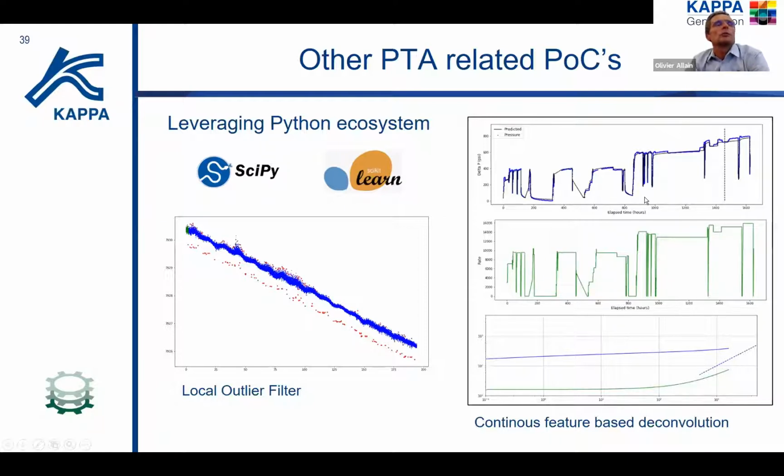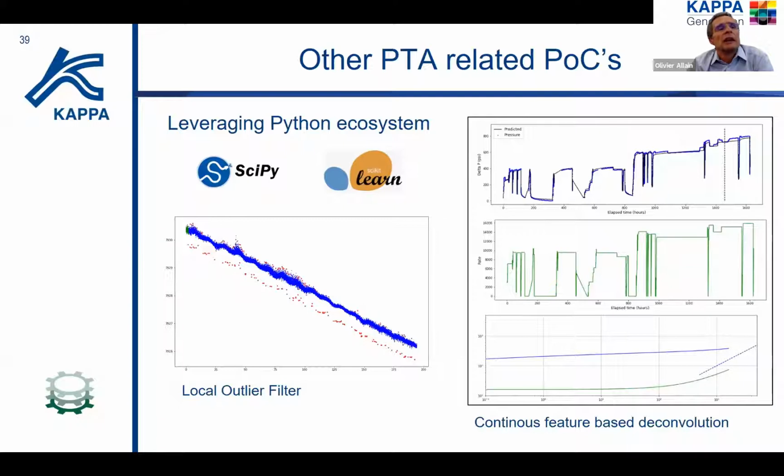What's on the right is a bit more interesting. For those of you familiar with Topaz, in Topaz we have a deconvolution which is called feature-based deconvolution, which amounts to basically trying to find the deconvolution as a combination of simple feature curves, which correspond more or less to, let's say, the basic flow regimes.